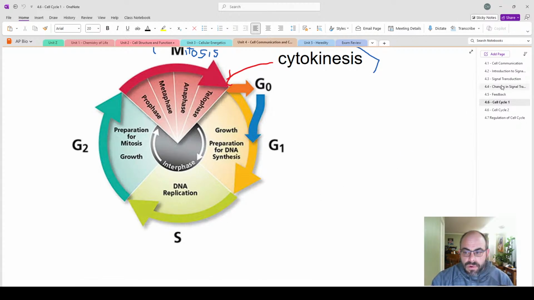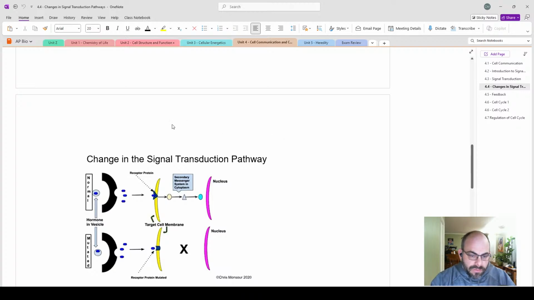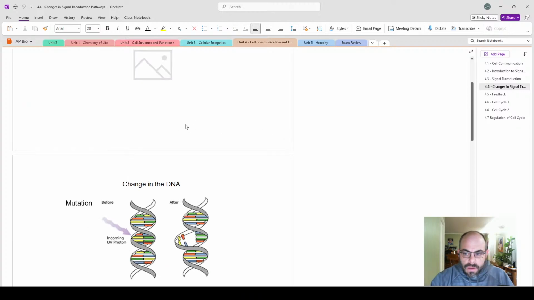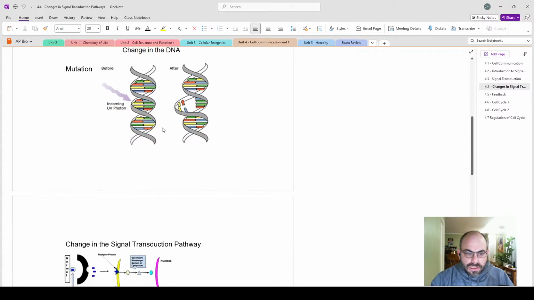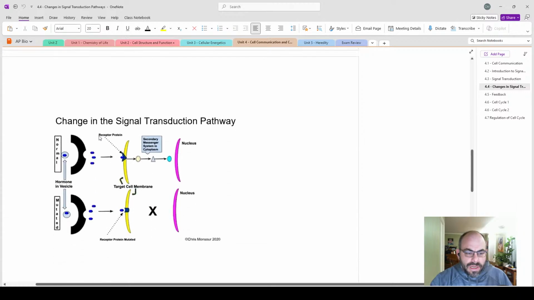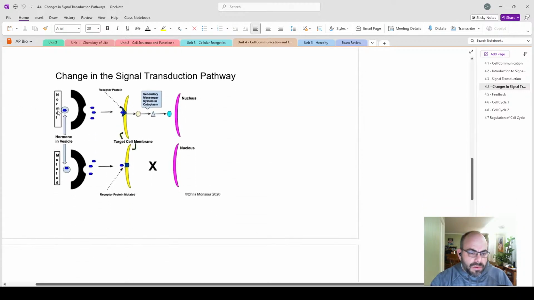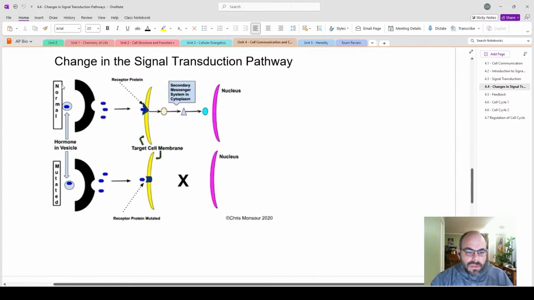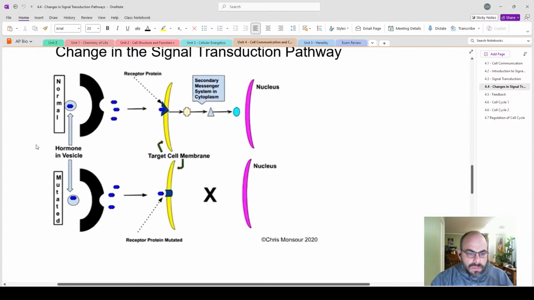So 4.4, two main ideas from 4.4. They were that there's ways to change the signal transduction pathway. The first one is changing the DNA, or a mutation. If you change the DNA, you change a protein. If you change a protein, you change some sort of thing, right?